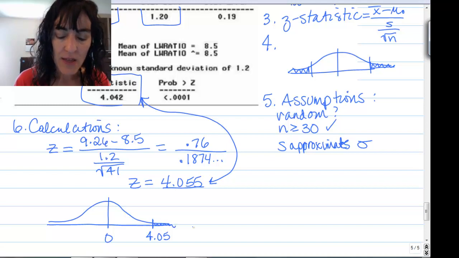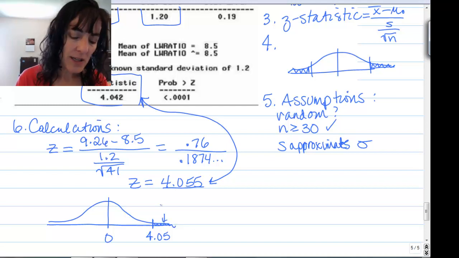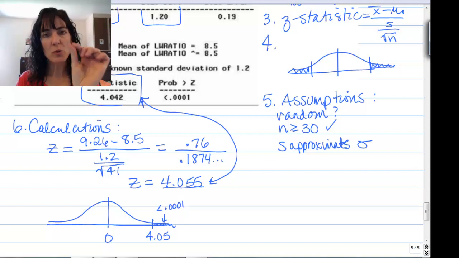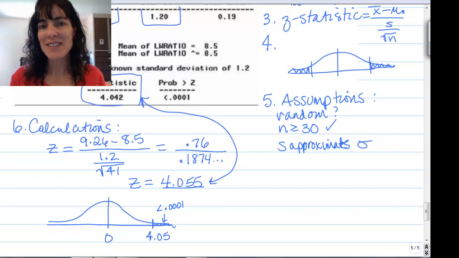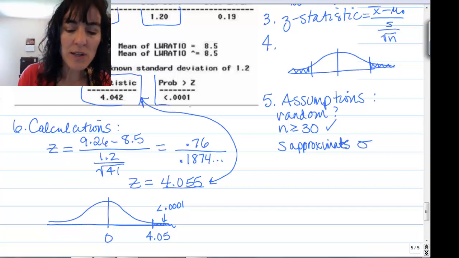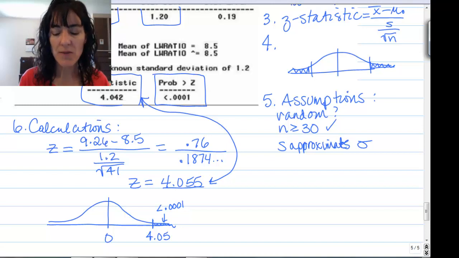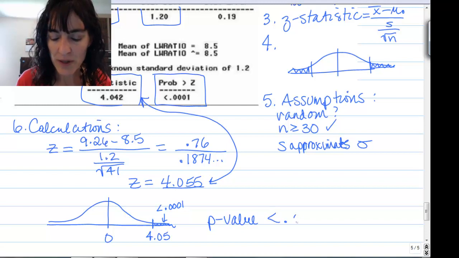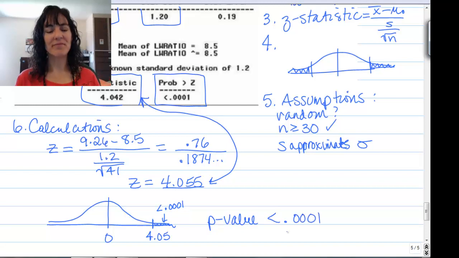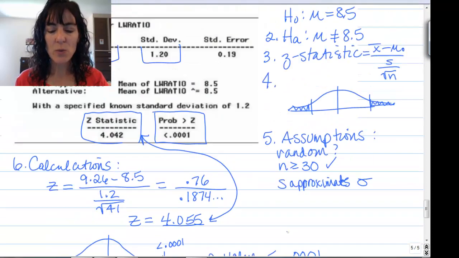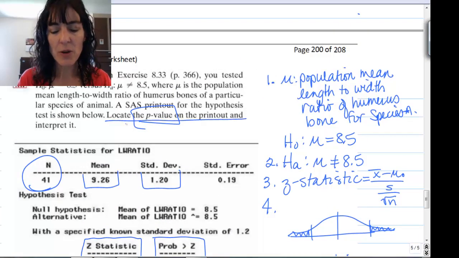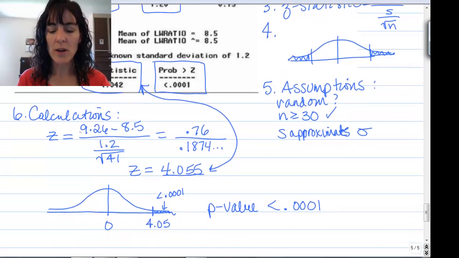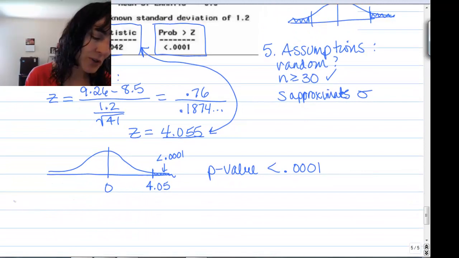So we're going to say that that area way over here is less than 0.0001, because we think it's super small, but we can't say it's 0 because we're just really not sure. So the probability of z, which is our p-value, is less than 0.0001. Okay, so that's the p-value. That was what we were supposed to find: locate the p-value on the printout, and then we need to interpret it. So we've gone through the whole 7-step process except for the interpretation.